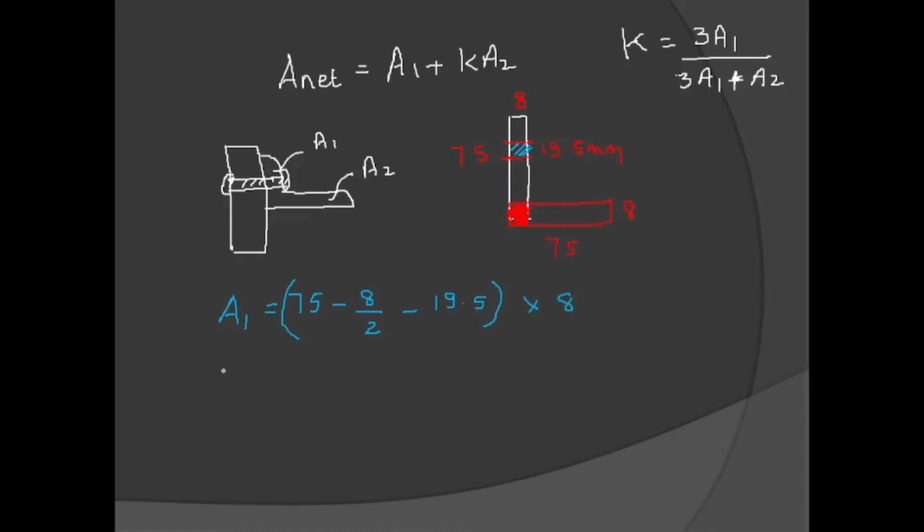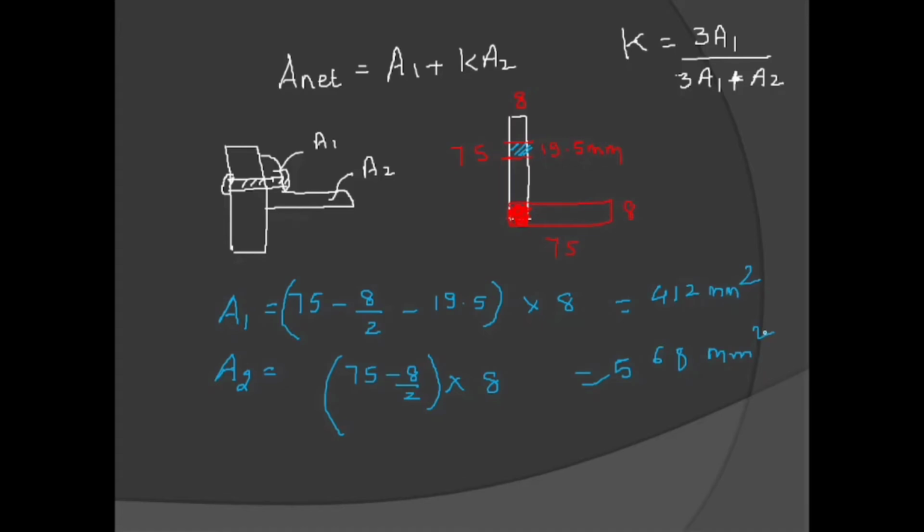Similarly, A2 is equal to 75 minus 8 by 2 into thickness, which is 8. So A1 is 412 mm square, and A2 is 568 mm square.